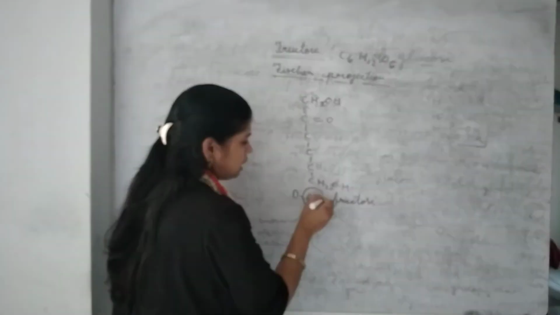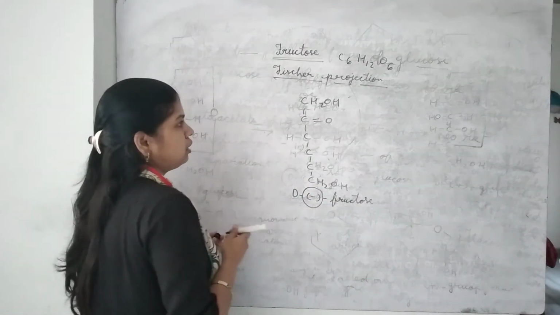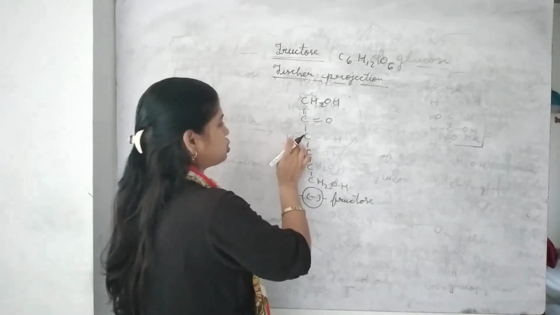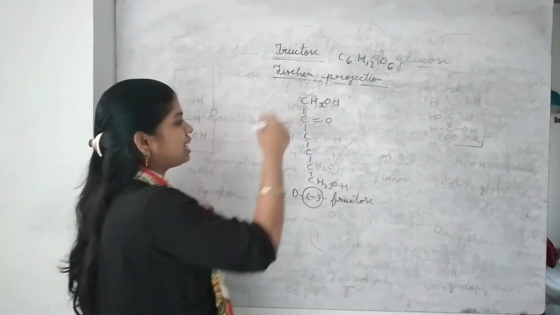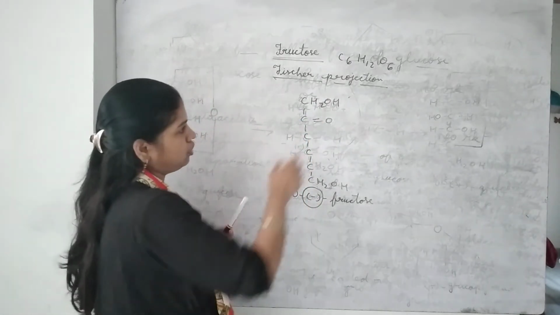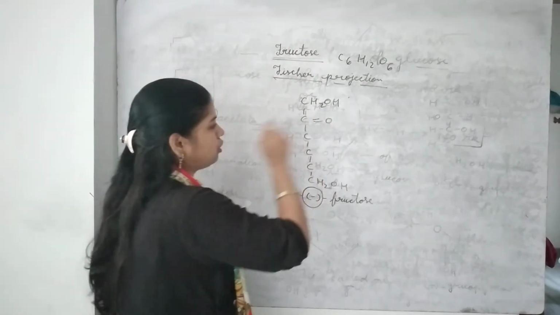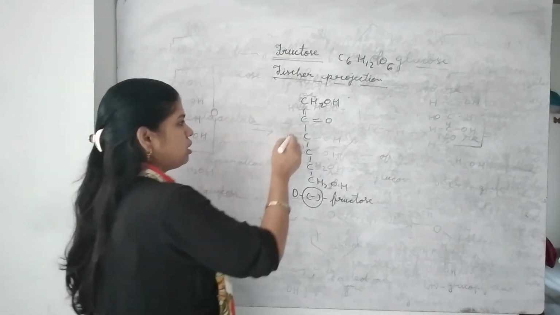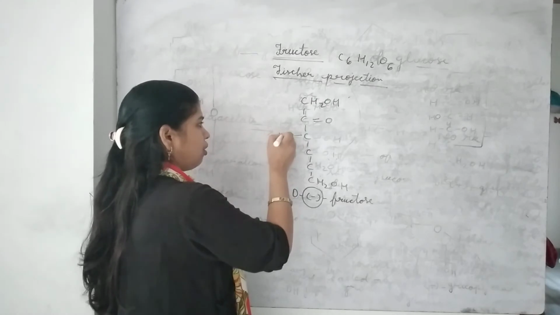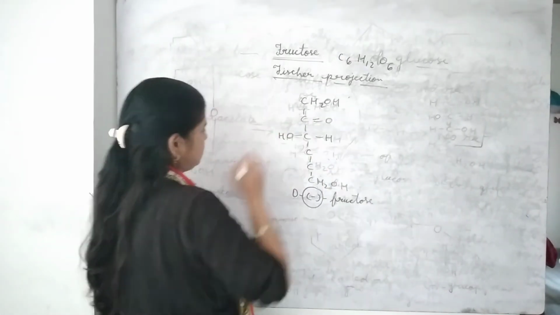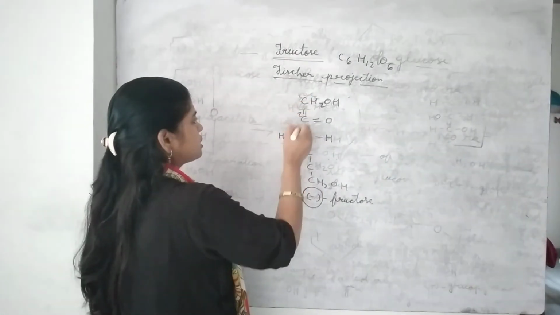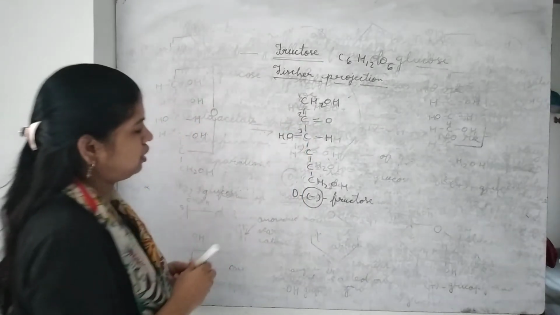Minus means levorotatory, and it represents the position of OH just after the main functional group. Here the main functional group is the ketonic group, and OH will be on the left hand side. This is the third carbon atom.